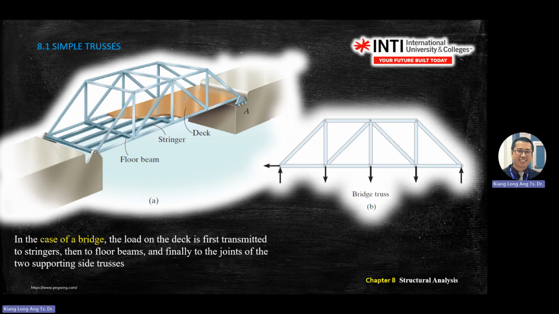Whether to the left or to the right in this case doesn't matter, because when you do analysis, you will find whether it's positive or negative. If you point to the left and when you do analysis the result is positive, then it agrees with your free body diagram. If you point to the left, then you do analysis and you get negative, it means the one that you drew in your free body diagram is wrong. You need to flip the direction.